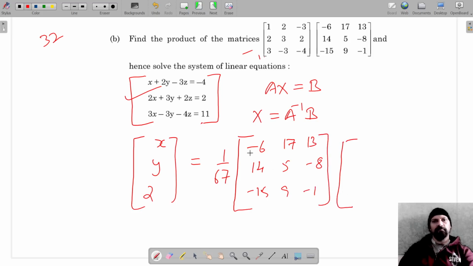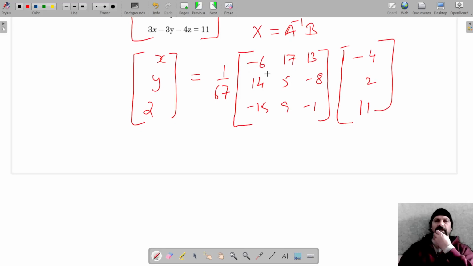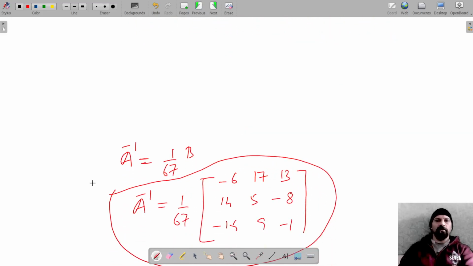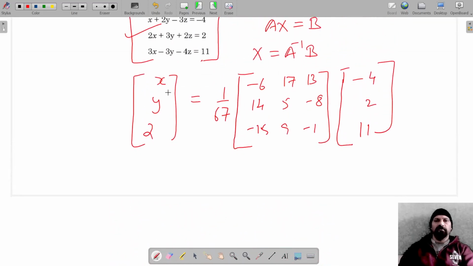And we have to write the matrix which has all the constants, so negative 4, 2, and 11. So it's given in the question that you find the product of these matrices, and from there we have got the A inverse, and now we can use this to solve the following system of equations. So we have got A inverse from their product, and now we are using that to solve the system of equations.